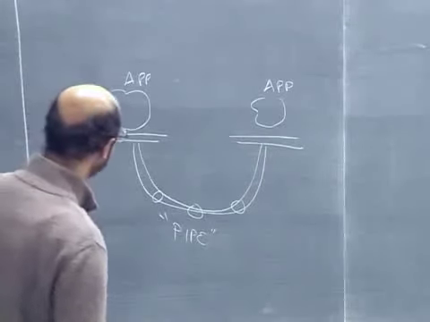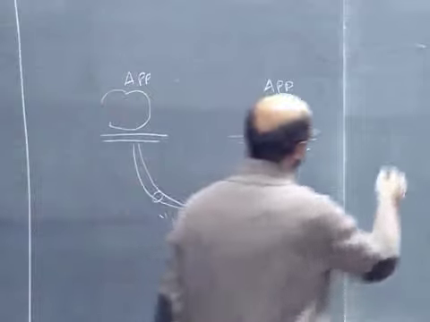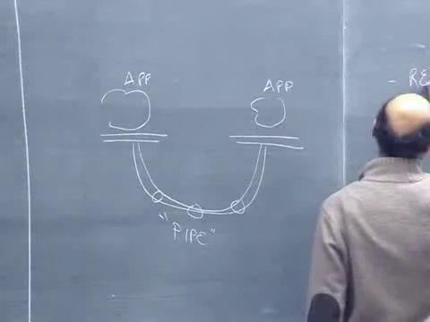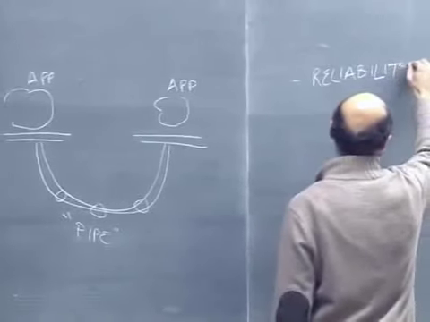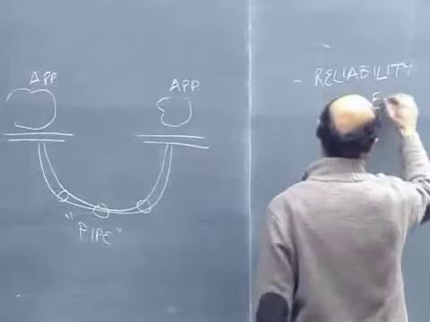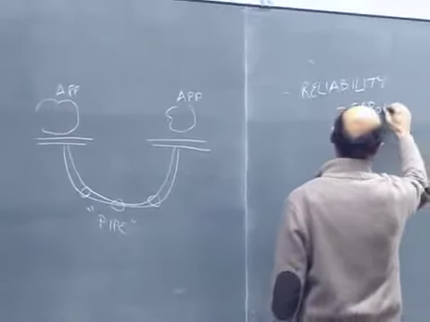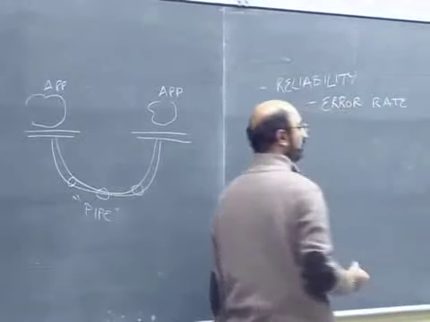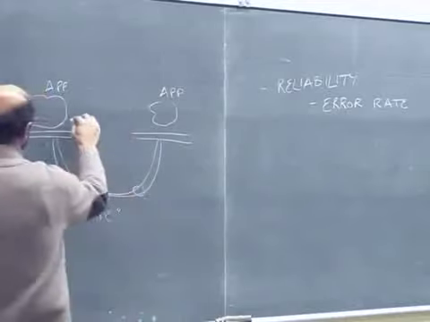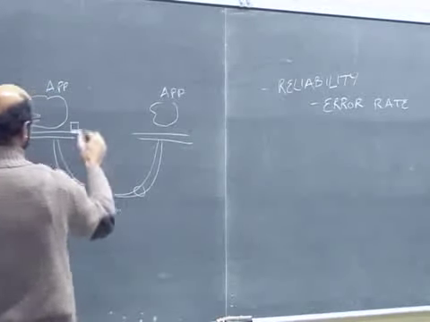So one thing we can talk about certainly is what you can think of as reliability, or you can think of it as error rate. So what does it mean? It means that let's say I send a piece of information, a datagram.